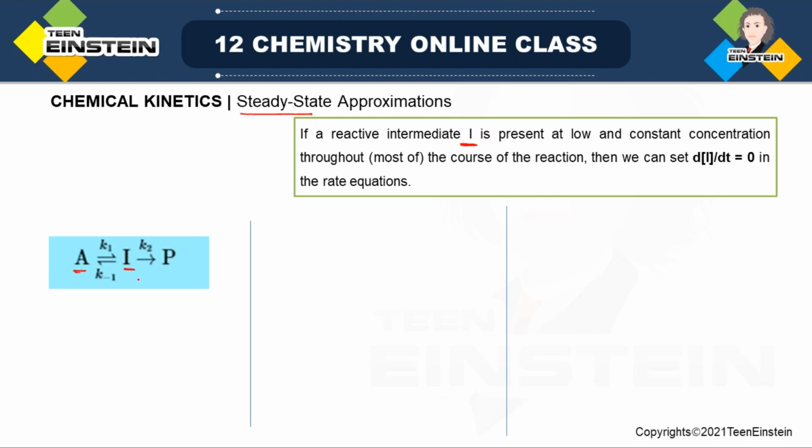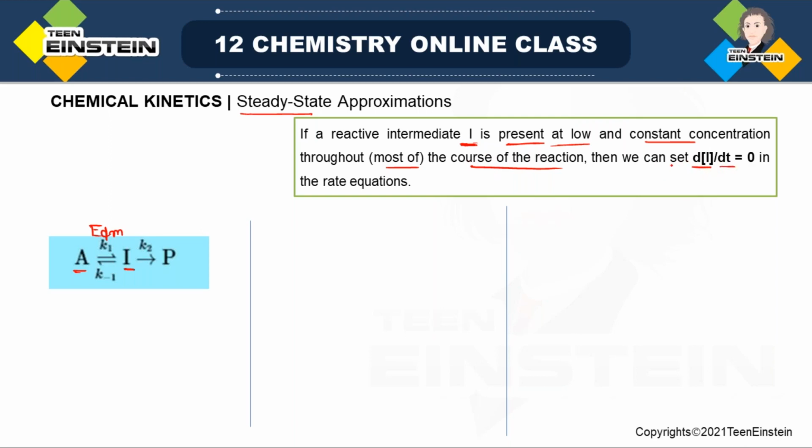A is converted to I, and the first step involves equilibrium, but in the second step there is no equilibrium, I is directly converted to P. If we assume that a reactive intermediate I is present at very low concentration, or the concentration is almost constant, that is, with time there is no change in its concentration throughout most of the course of reaction, then we can consider one assumption that the concentration change of I with respect to t is 0.